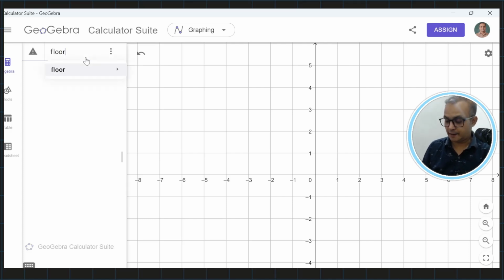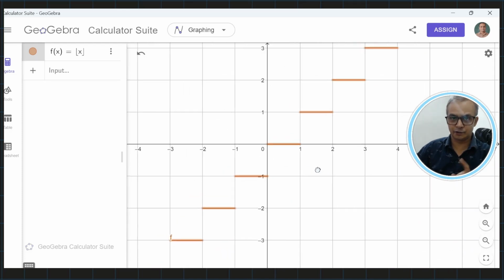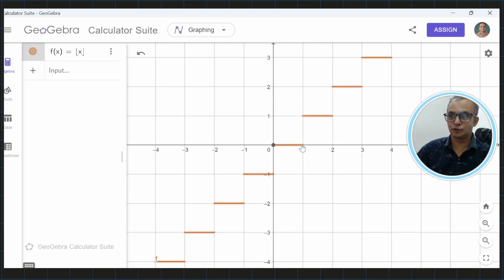So floor, and you can see there is a drop down, and you can hit it, and you have to put x there. So you can see that this is the floor function they have drawn. But there's one drawback in GeoGebra. They will not show that this one is not taken. There's no such blank circle as we usually draw by hand. But anyway, we have to understand this thing. So this is our greatest integer.